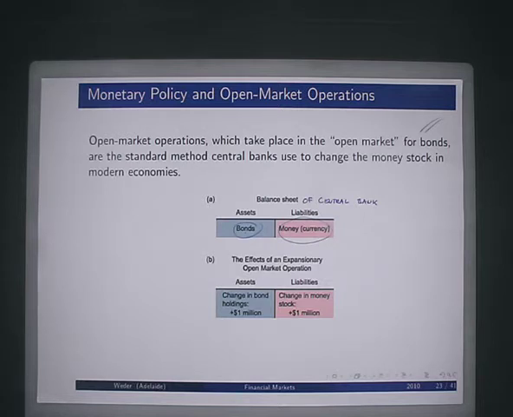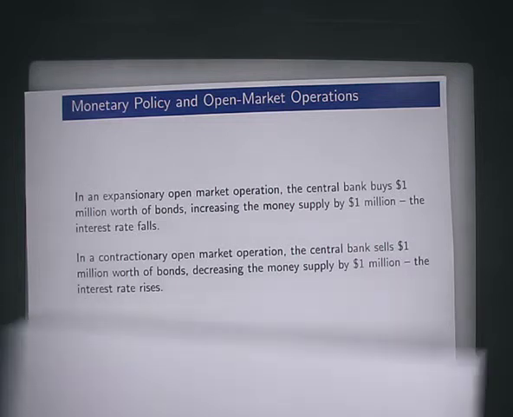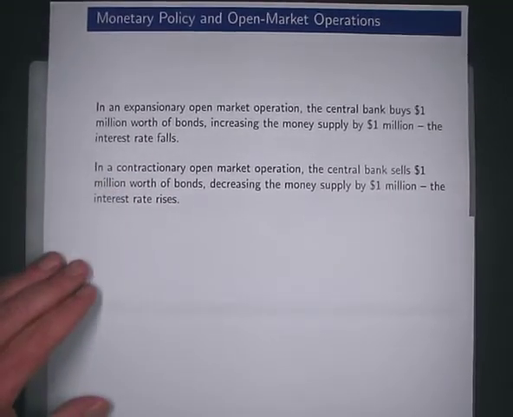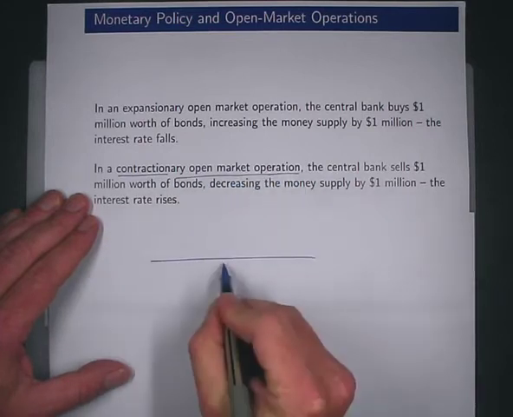Okay. And of course they could do the opposite, right? Jump one slide, 25. They could be contractionary. So sometimes, as I already said, the bank maybe wants to suck money out of the system, right? So what would they do then? Well, in terms of the T account that we have, what happens if they have a contractionary open market operation? Okay, so let's have the T account here again.